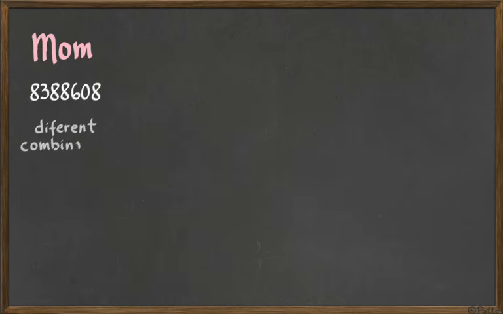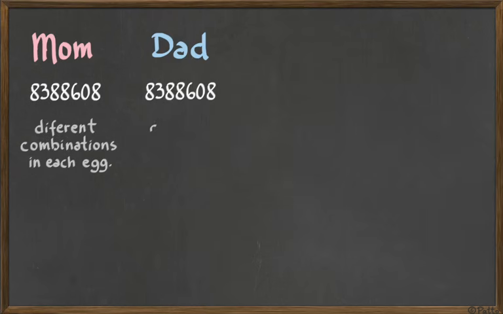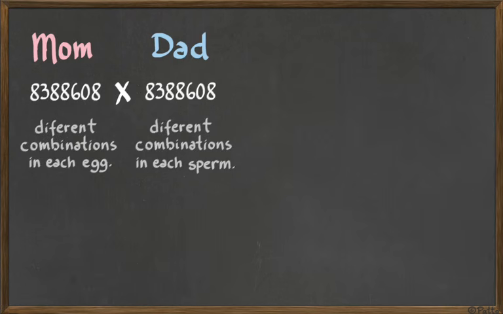If you think ahead, your mother could have made 8 million different combinations in her eggs, and your father could have made 8 million different combinations in his sperm cells. How many different children can a couple make every time they make one offspring?